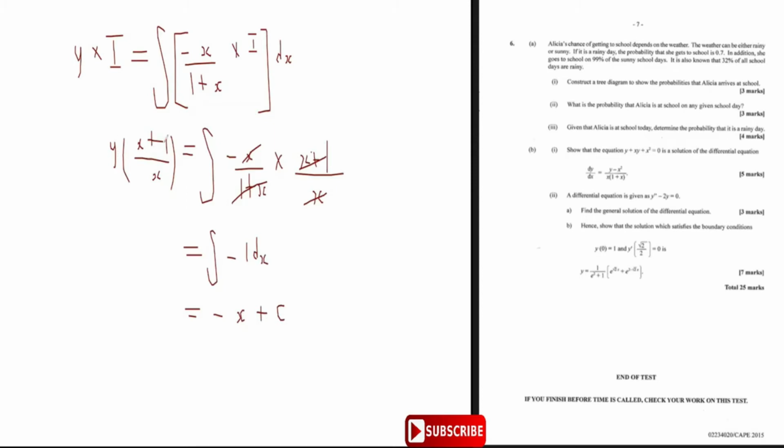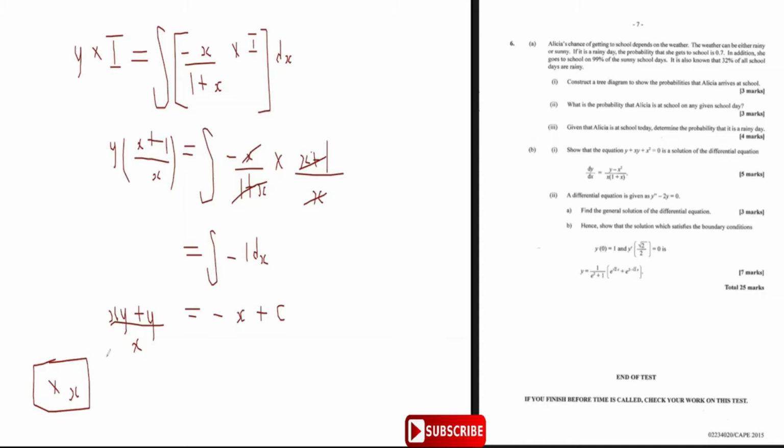And so if you expand the y on this side, y times x is just xy, plus y times 1 is y, all over x. If we multiply this equation through by x, what are we going to get?